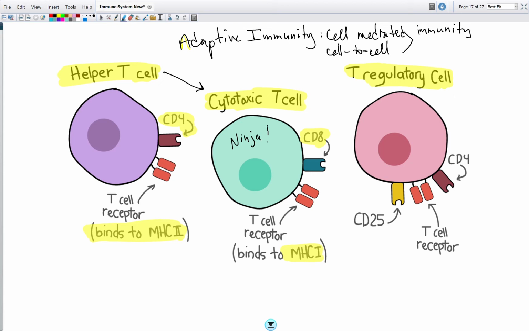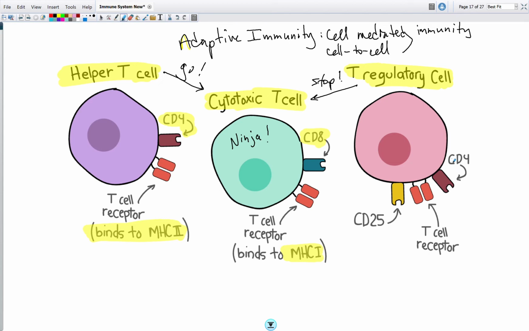We don't want to start destroying the pancreas, like in diabetes type 1, or the Schwann cells, the myelin sheath, like in multiple sclerosis. Those are autoimmune disorders where you have your white blood cells out of control and attacking your own body. Regulatory cells say to the cytotoxics, stop. Whereas helper T cells say to the cytotoxics, go. And so there's a delicate balance there.